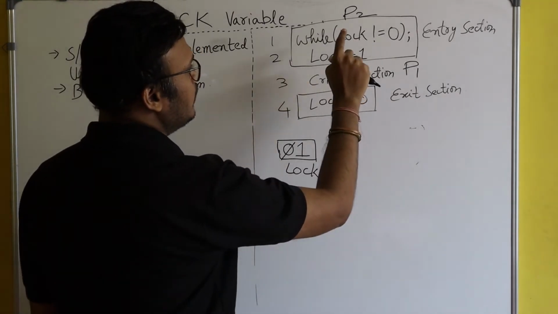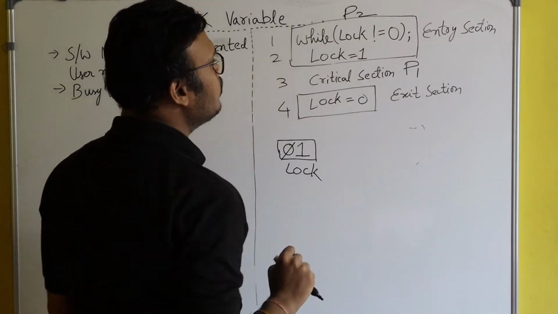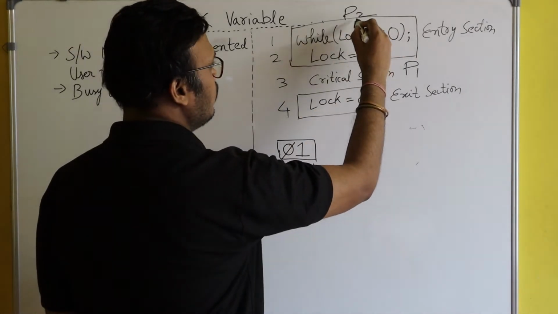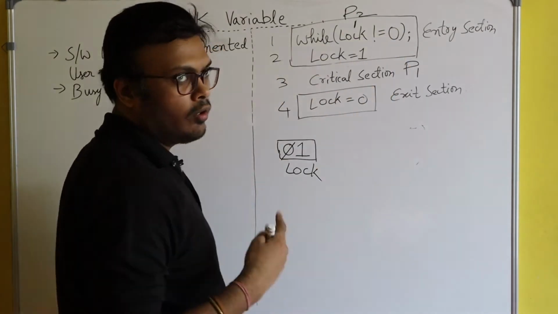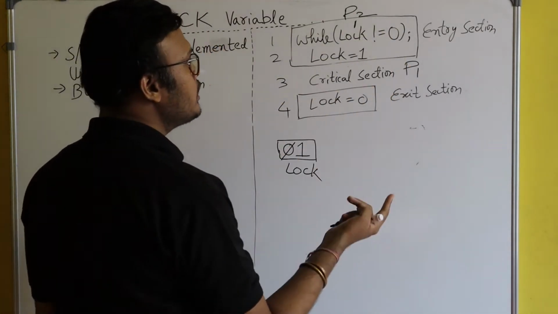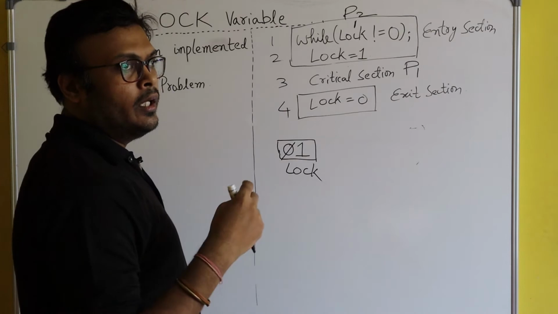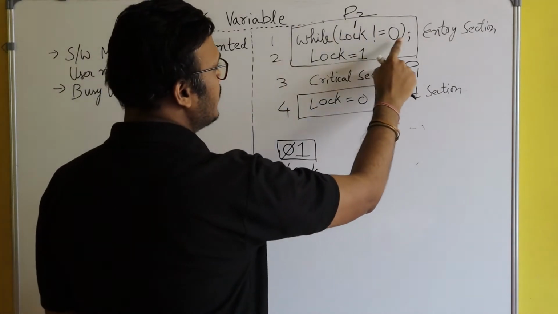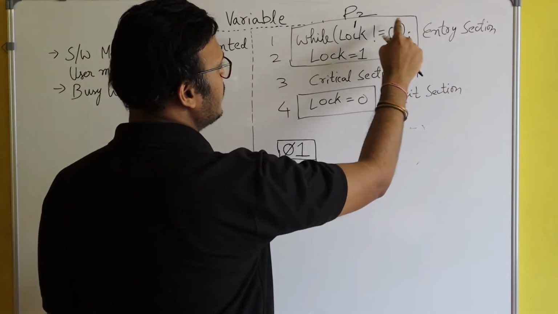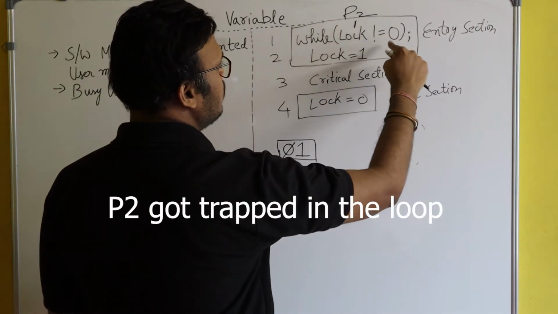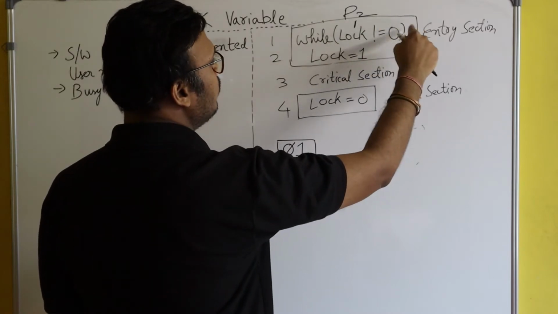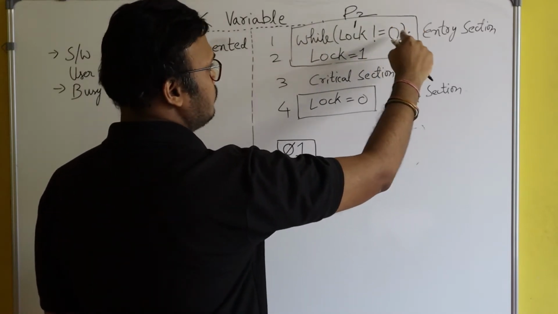So you see, while 1 is not equal to 0. Is it true? Obviously 1 is not equal to 0, it's true. Since it is a while loop and the condition is true, this loop will keep on running.